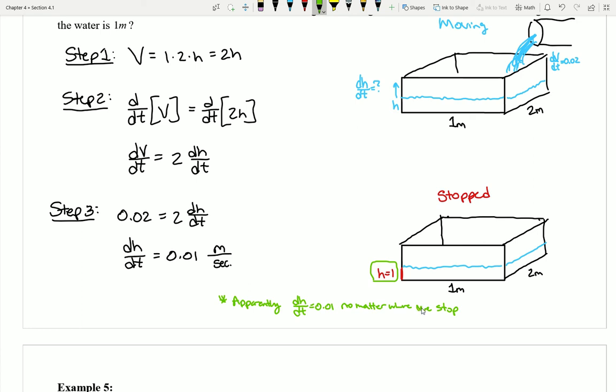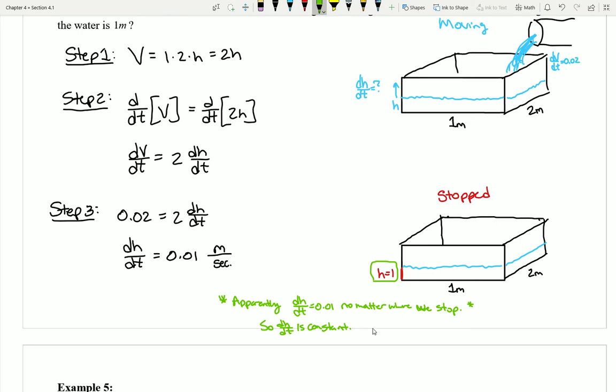That is, no matter at what point or what height we stop at, I'm always going to get this. And so what I can see then is that dh/dt is constant. The height of the water here grows at a steady, constant rate.